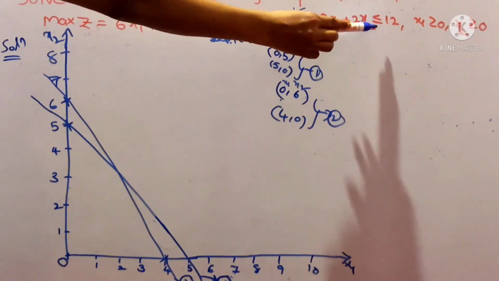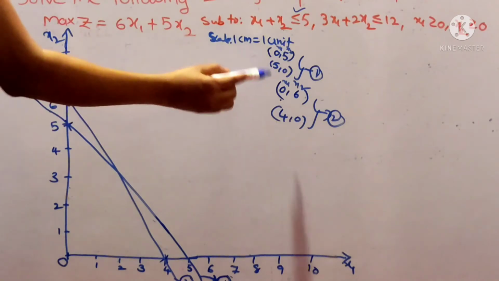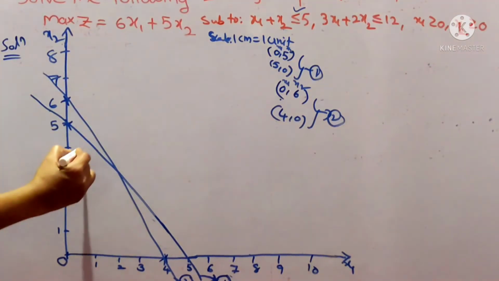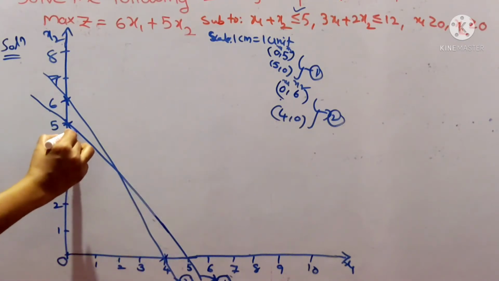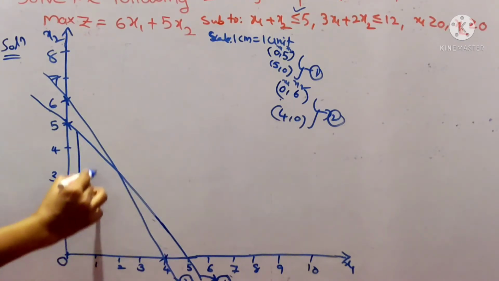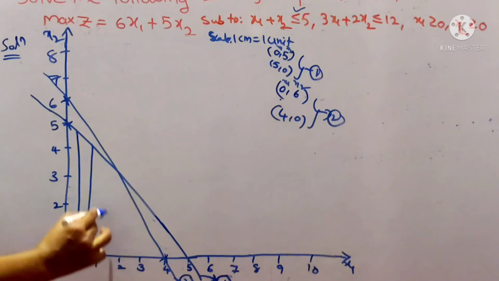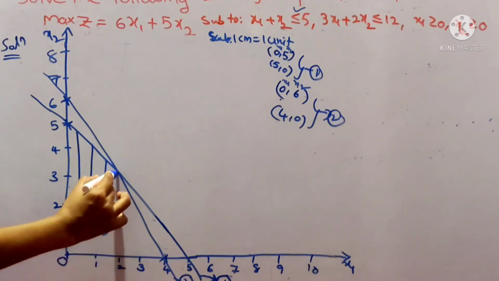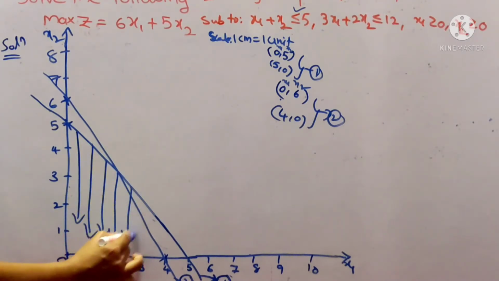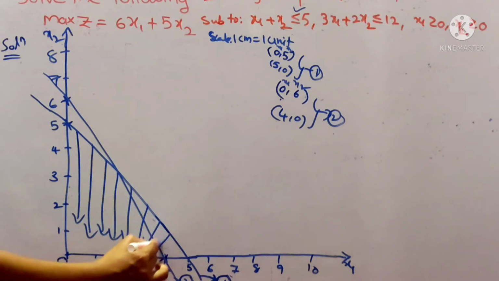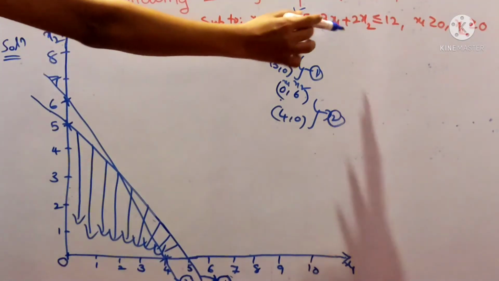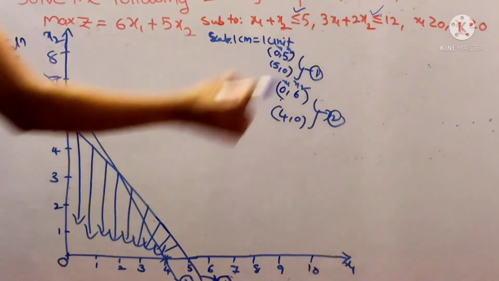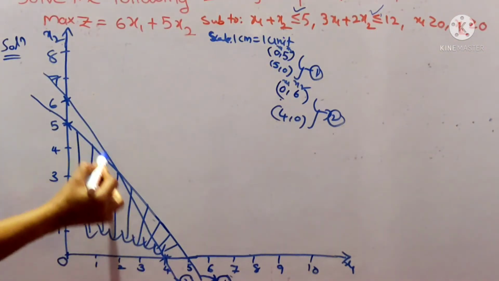Now in this graph you have to identify the feasible region, that is the main important point. How to identify the feasible region? See, in the question the first constraint is given as less than or equal to type. For the first equation, draw the lines towards the origin, or shade the area below the line, because the constraint is less than or equal to type.